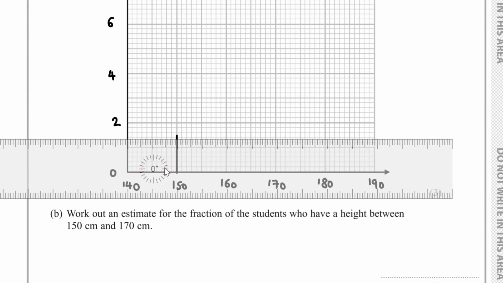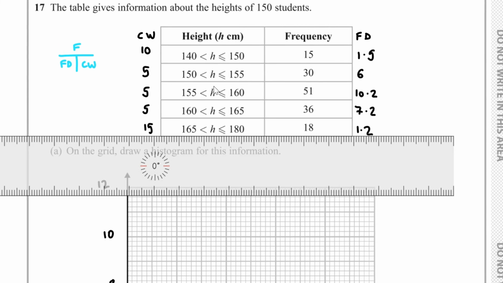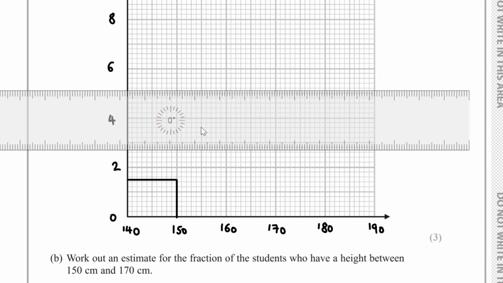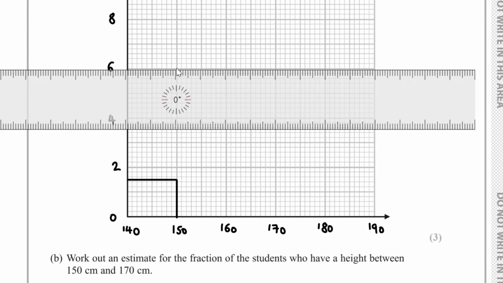So here we get this. For the next one, we've got class width of 5 and frequency density of 6. So frequency density of 6 and then a class width of 5. That takes us up to here.